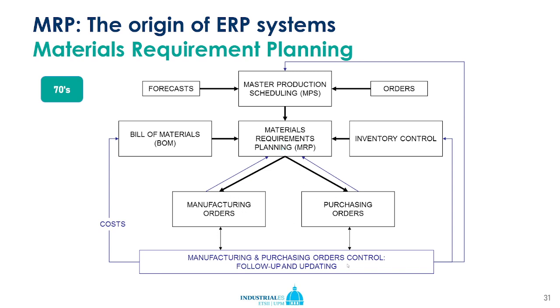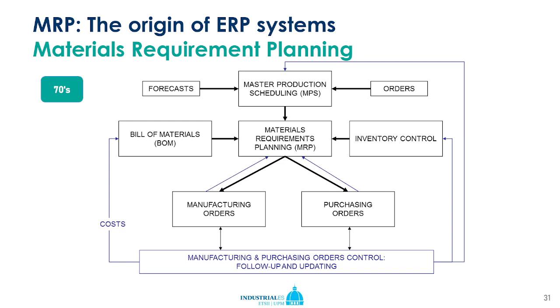And that is something we can track to make sure that we deliver on time, and that we can go back according to this loop and start all over again with the master production scheduling according to the times we are organizing our production in our company. That's, as I told you, something that was first started in the 70s.